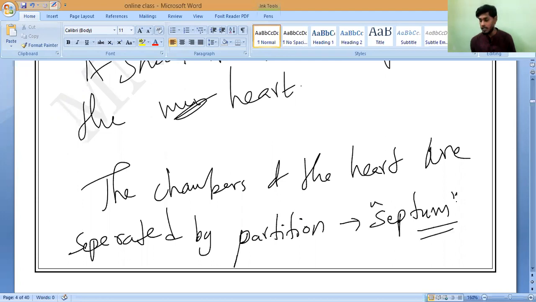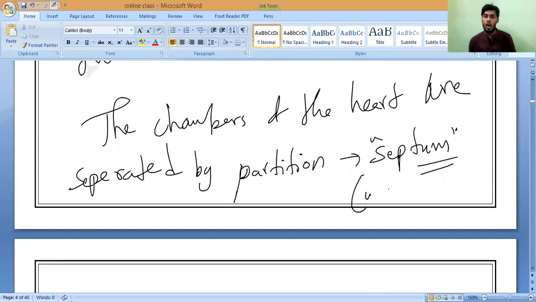So the septum is also known as wall partition. Note it down. Septum is also called a wall partition, which will separate the chambers of a heart.